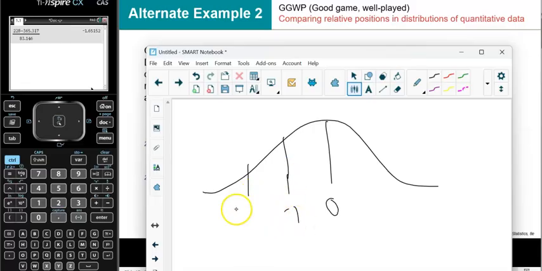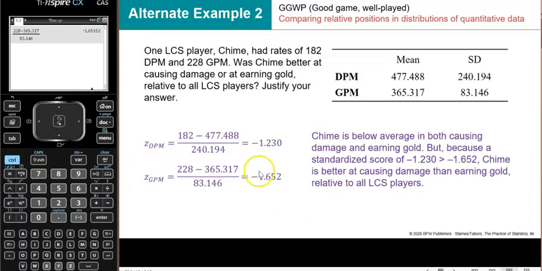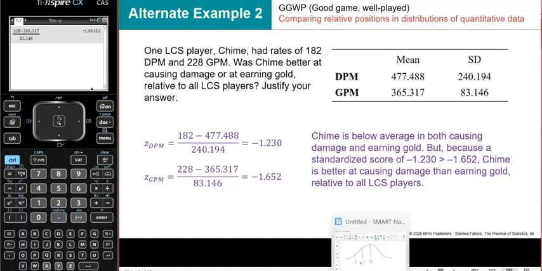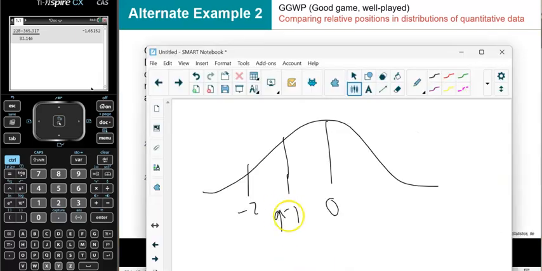So this is negative 1, negative 2. Negative 1.2 is right there. I think that was the damage. So negative 1.2 is the damage per minute, and somewhere around here is the gold per minute. You can see he's worse off here than he is here because that's further to the left. You want those numbers to be large, so those are quite small.